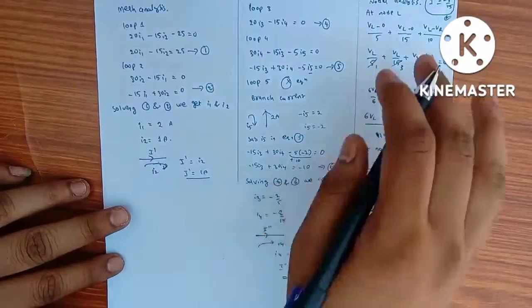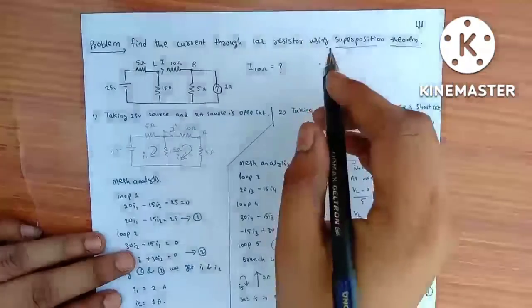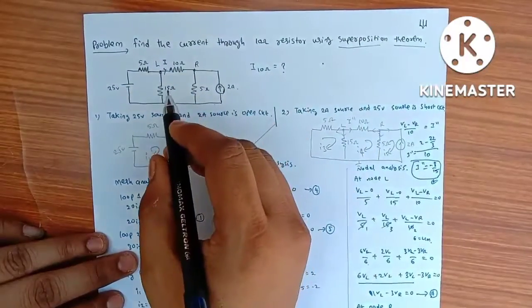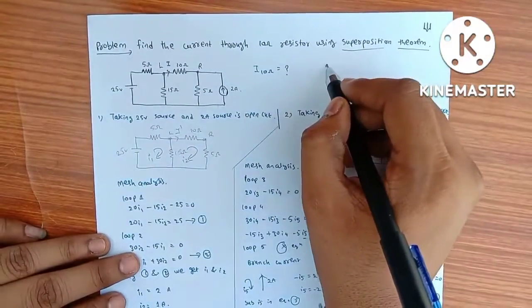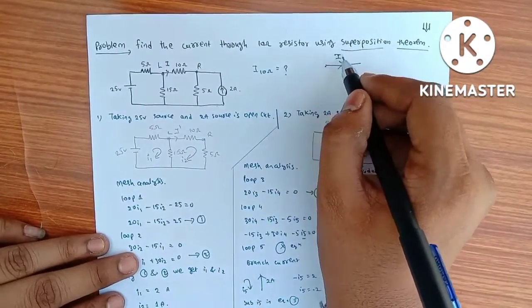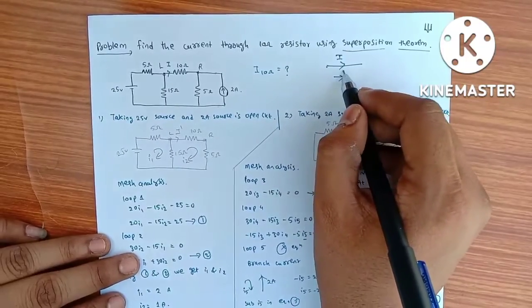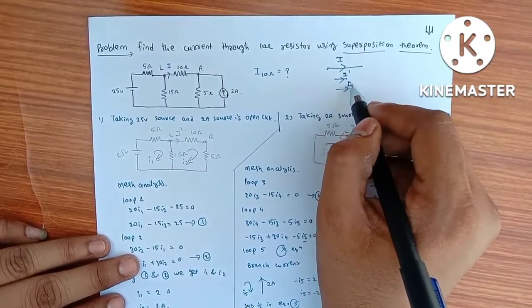Again, this is not the final answer. In the superposition theorem, we should add all the currents which we got individually. So I assumed this as I dash and this as I double dash.